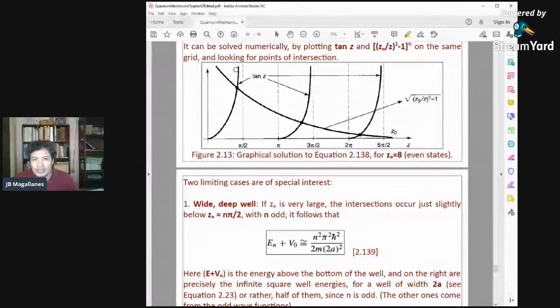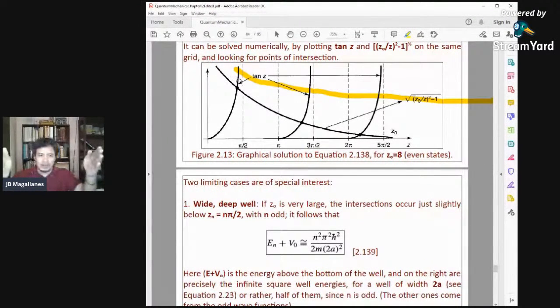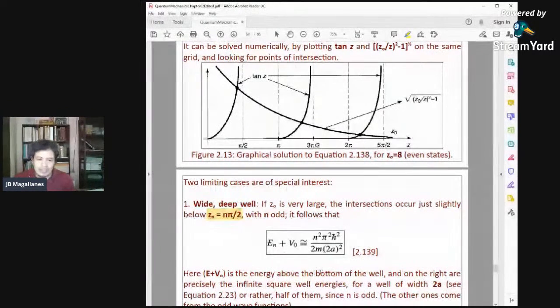Because it's too wide, the curve would look like that instead of this one, because it's now very wide. So you let the curve stretch out. So the intersection would occur on this Z.